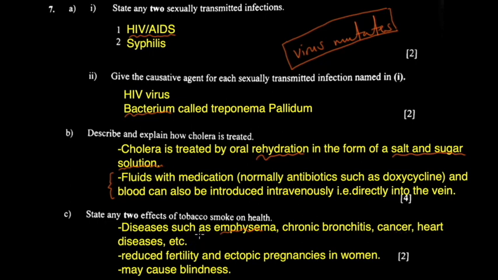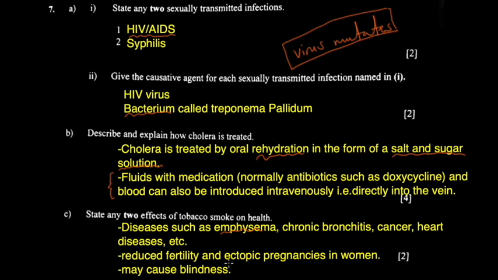All those diseases are sometimes caused directly by smoking, and sometimes smoking encourages or increases the risk of contracting some of those diseases. The second one is reduced fertility. Reduced fertility means your potency of reproducing decreases.